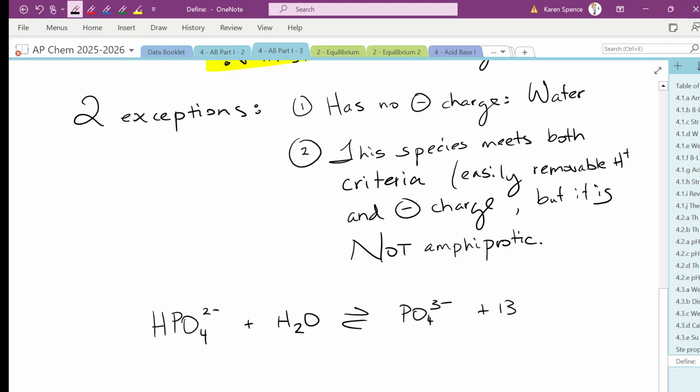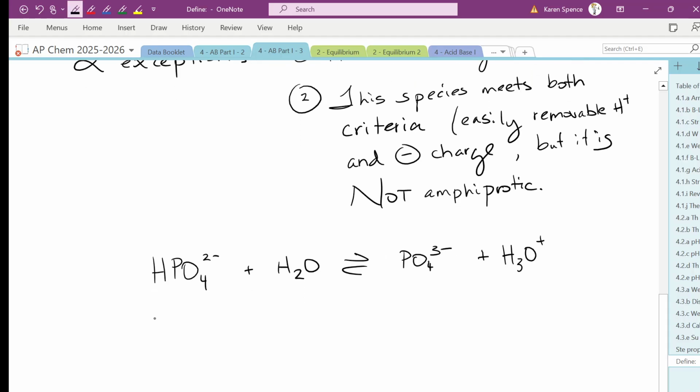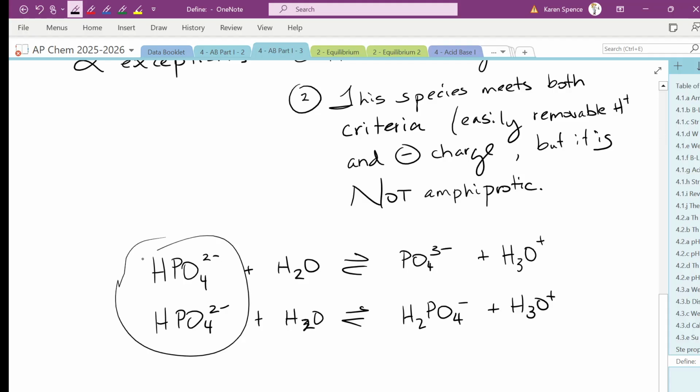And HPO4 2 minus can accept a proton from water and become H2PO4 minus plus H3O plus. So HPO4 is amphiprotic.